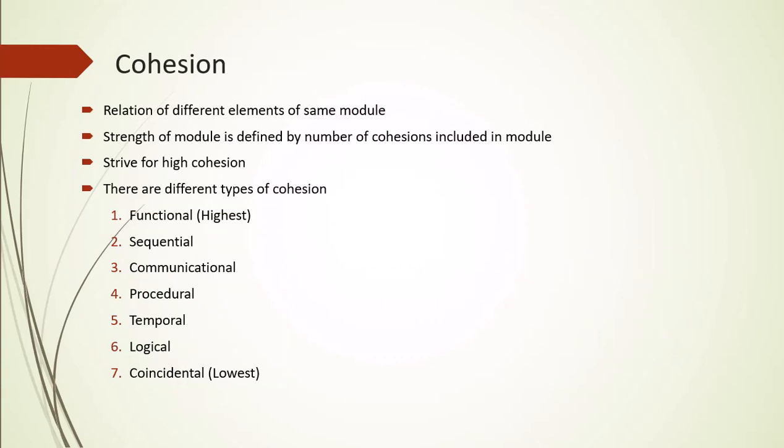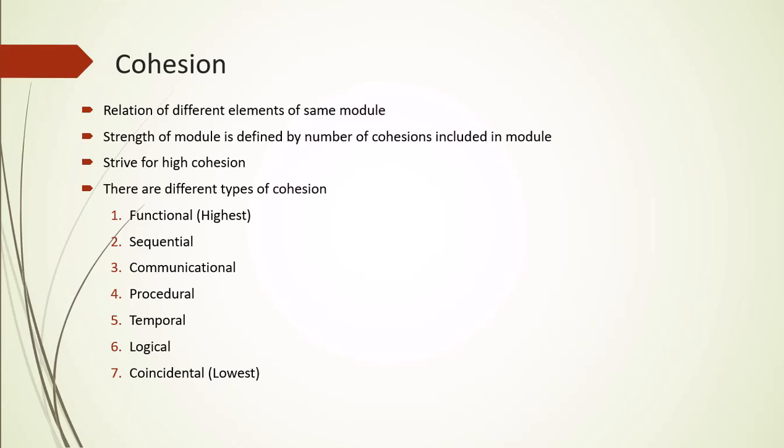Cohesion is a relation of different elements of the same module. As I stated, the strength of a module is defined by the number of cohesions included in a module. So try to strive for a high cohesion.